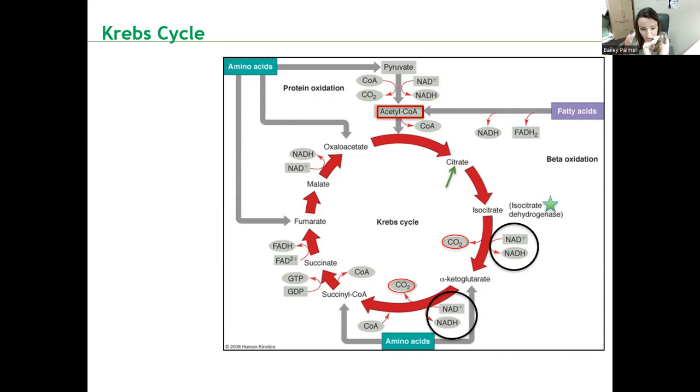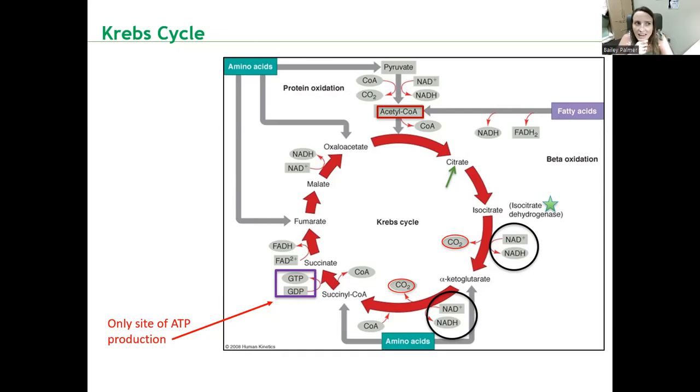With our succinyl-CoA, the coenzyme A is lost pretty quickly after it's added. So we're taking succinyl-CoA and turning it into succinate. We substitute that coenzyme A for a phosphate group. So our high energy bond is formed. This is our phosphorylation part right here. It produces GTP. GTP is guanosine triphosphate.